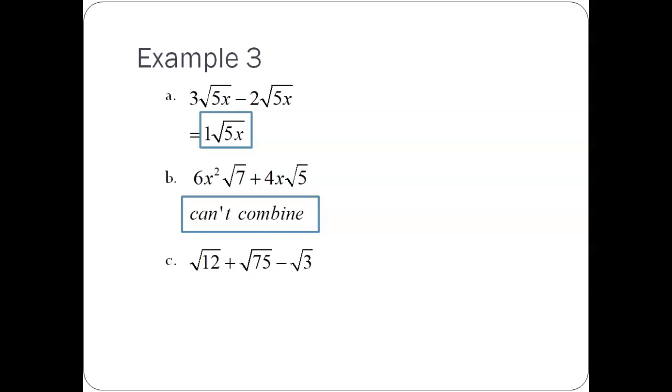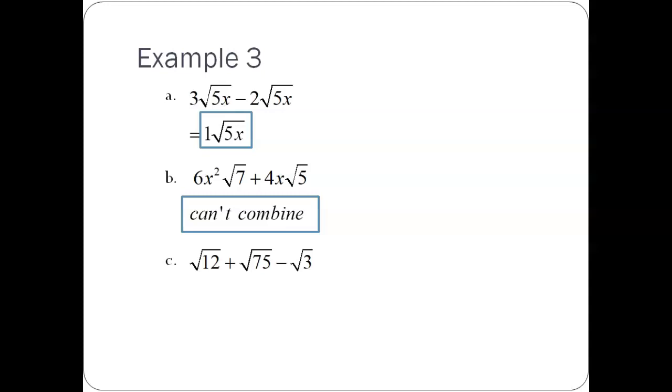All right, and then the last example, square root of 12 plus the square root of 75 minus the square root of 3. So again, looking at this problem, you can see, well, it doesn't look like we can combine these because we have different numbers under the square root. But before you say that you can't combine them, double check and see, well, are these radicals all simplified?